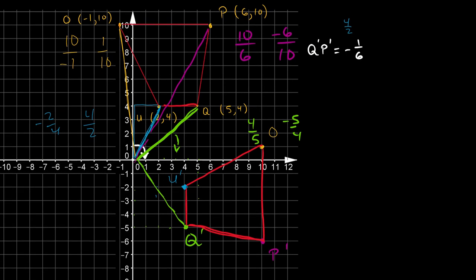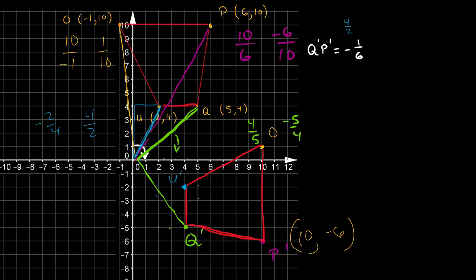So look, if I look at where P prime is, P prime is at 10, -6. This is 10, -6. And I'm comparing that with P, which was 6, 10.